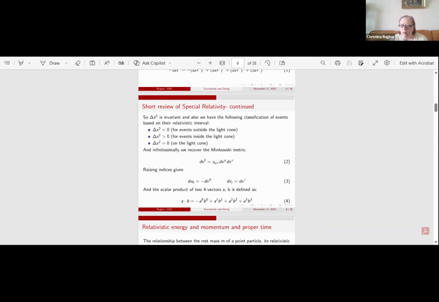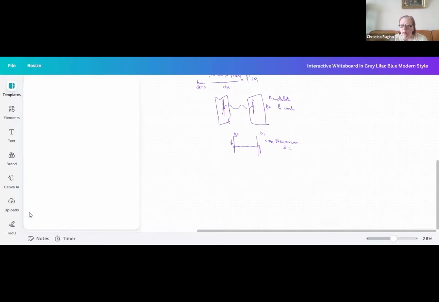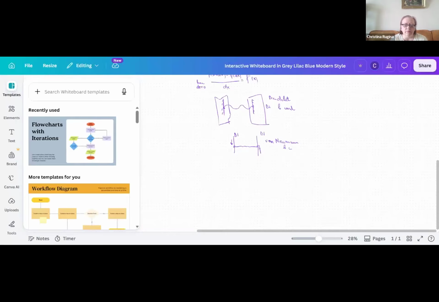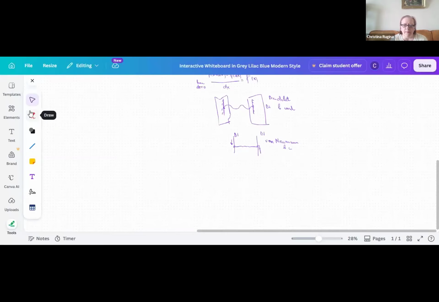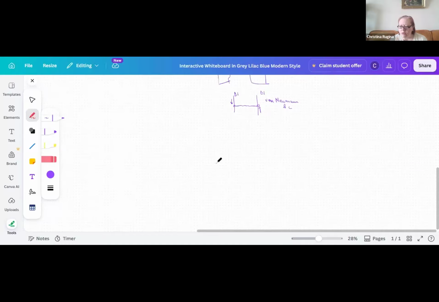Okay, if I can retrieve the pencil, that would be fantastic. Okay, I have a pencil now. Let me enlarge the zoom here.